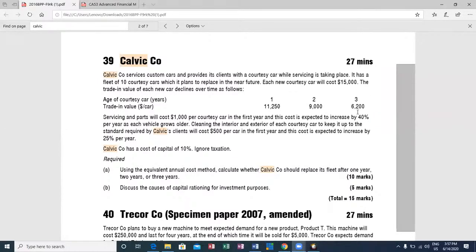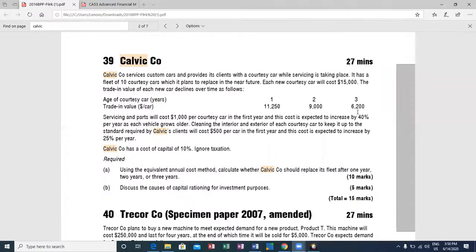It has a fleet of 10 courtesy cars, which it plans to replace in the near future. Each new courtesy car will cost $15,000. The trade-in value of each new car declines over time as follows.